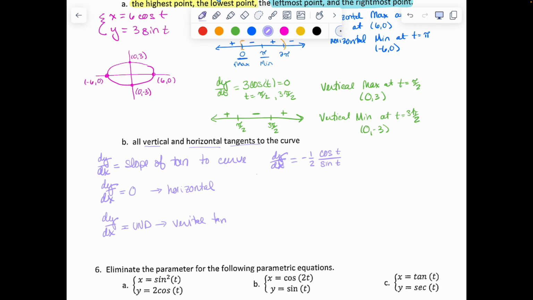That happens at pi over 2 and 3 pi over 2. So cosine of t equals 0 when t equals pi over 2 and 3 pi over 2. We figured that out up above, right? So that happens when x equals 6 and x equals -6. These are tangent lines. They have to be written as lines.